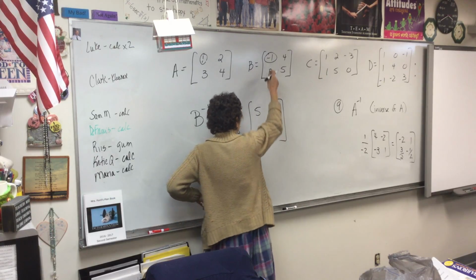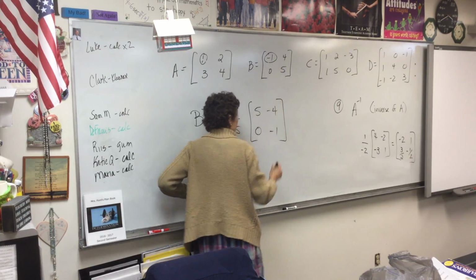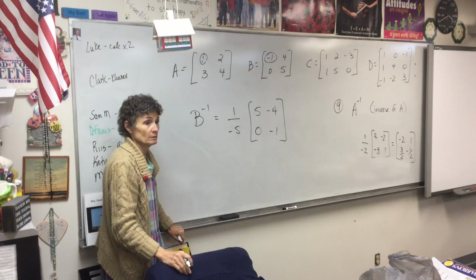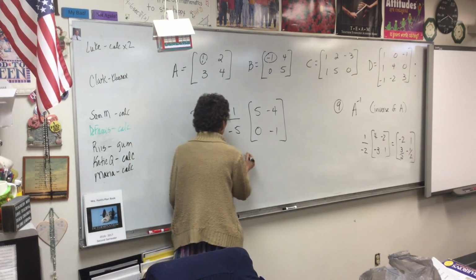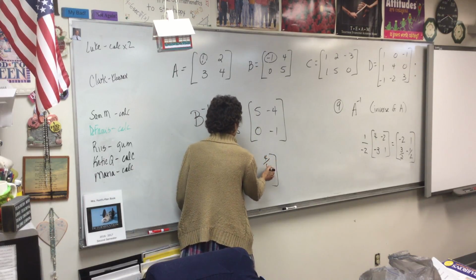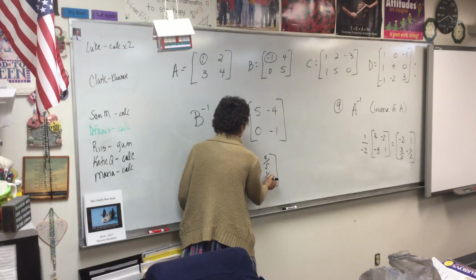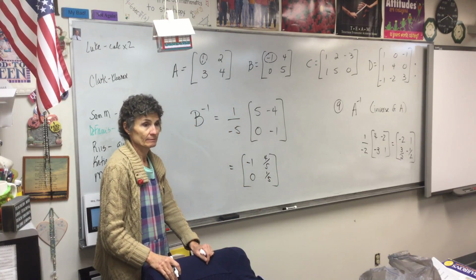Kids, remember, you gotta switch these. Yeah. And then we change the sign on those. 0 stays 0. So your answer should be negative 1, 4/5, 0, and 1/5. Did anybody get that?